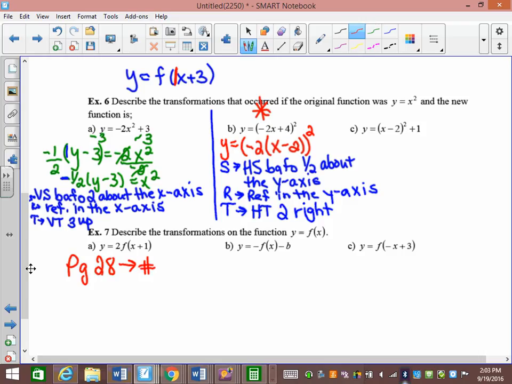Numbers 5AB. And these ones aren't as bad because they are just stretches. This is leading you into tomorrow when you combine them all. You combine translations, stretches, reflections, they're all combined. You can have every single one of them. Okay? So this homework isn't as bad, it's considerably easier.